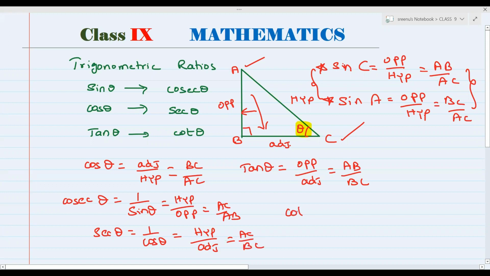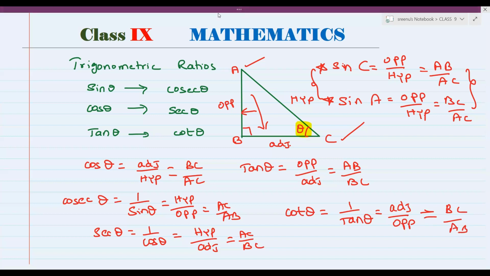And then cot theta is the reciprocal of tan theta, adjacent by opposite. Adjacent is BC, this is AB, so BC by AB.